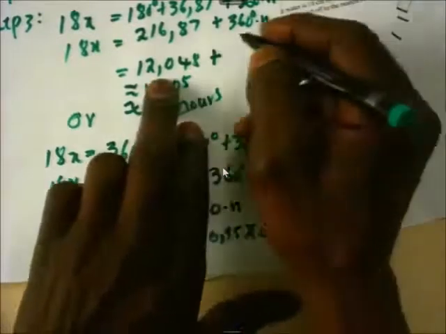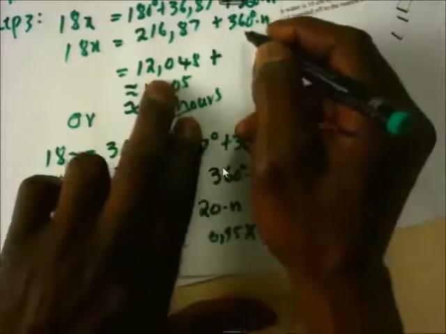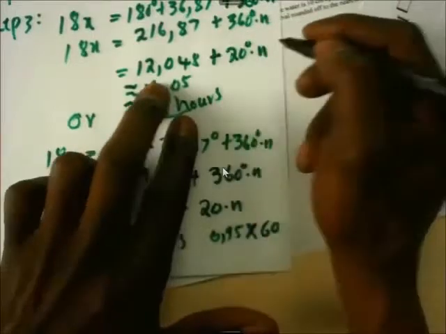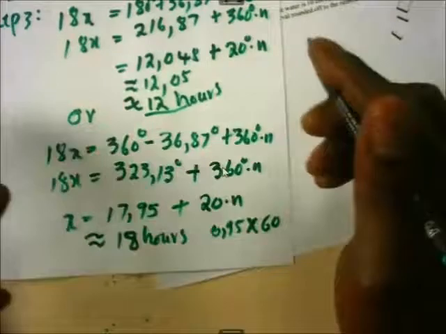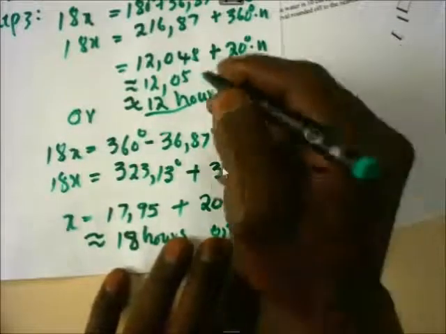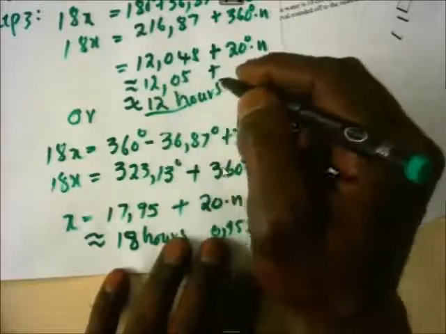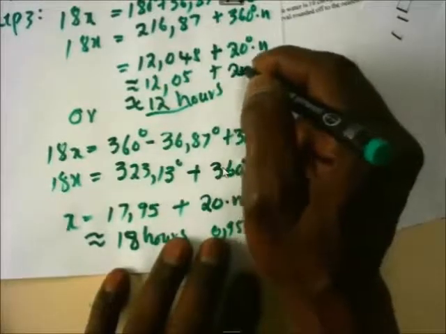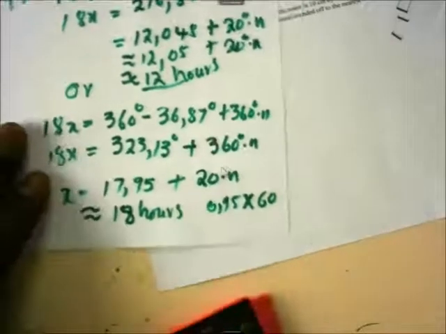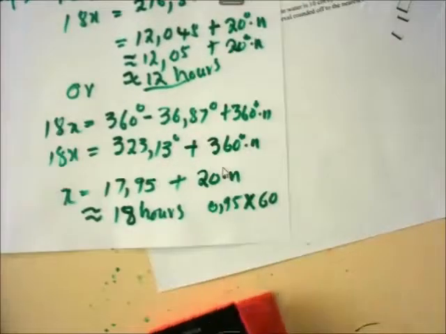We're going to divide that 360 by 18 and have 20 degrees times n. Now, you will see the importance of this general solution here, which will be 12,05 plus 20 degrees times n.